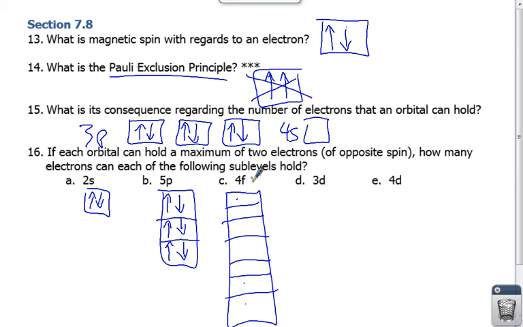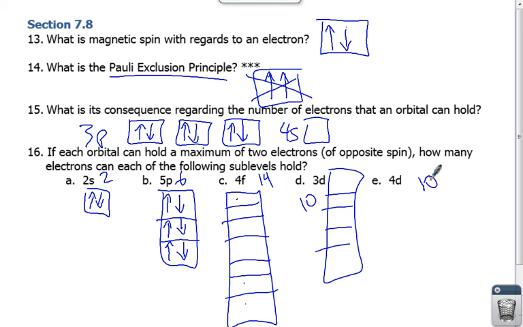Each one could hold 2, so you could put 14 electrons in those 7 orbitals. D's have 5, so that would be 10 electrons. And D's still have 5, so the 4D can also only hold 10. So this is how many can be in the sublevel.